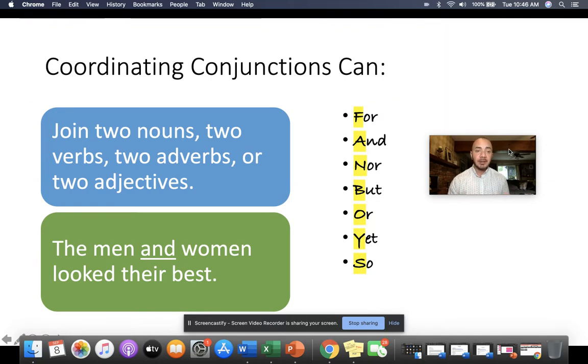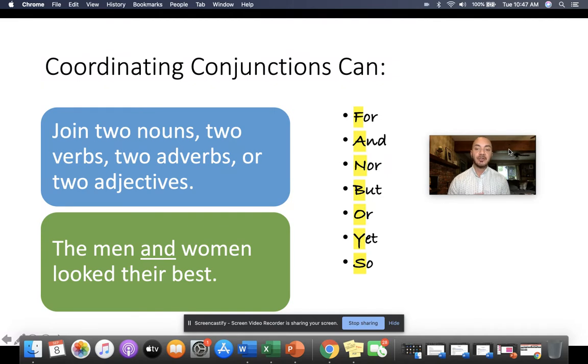To begin with, coordinating conjunctions can be used to join 2 nouns, meaning a person, place, or thing, 2 verbs, which are action words, 2 adverbs, which describe how a verb is taking place, such as he ran quickly and quietly, or 2 adjectives, which are descriptive words.